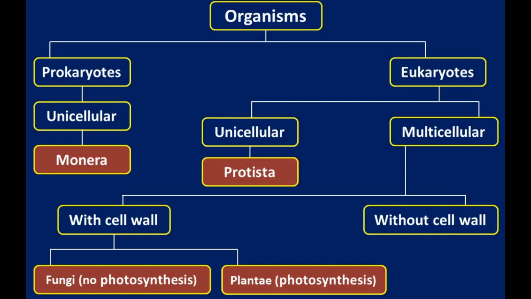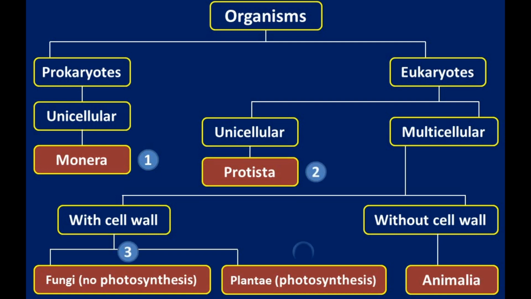These plants synthesize their own food. So the other two kingdoms are fungi and plantae. Multicellular organisms without a cell wall are grouped in the last kingdom, that is Animalia. So these are the 5 kingdoms: Monera, Protista, Fungi, Plantae and Animalia. This is the 5 kingdom classification of all living organisms.